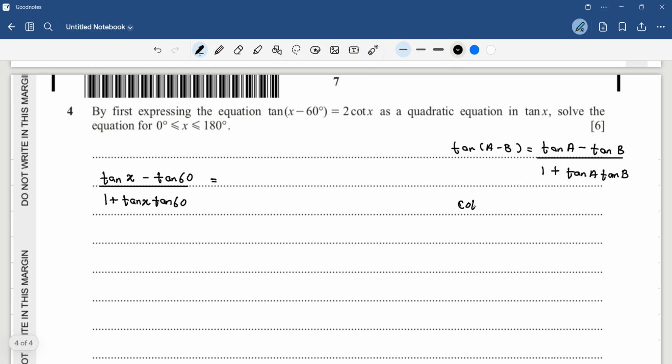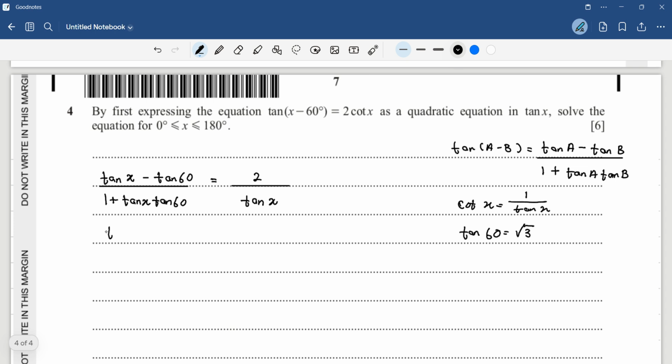So cot x is equal to 1 over tan x, so it's going to be 2 over tan x. Okay, you can see, pressing a calculator, tan 60 is equivalent to sqrt 3.